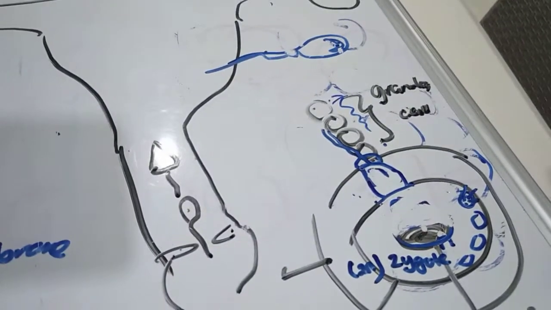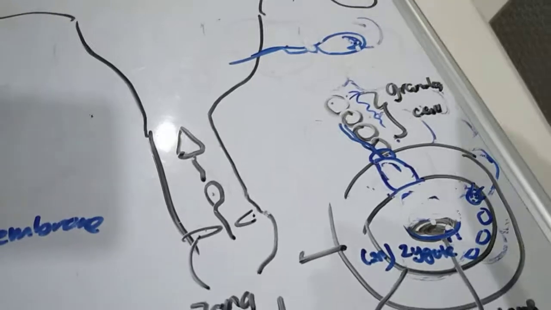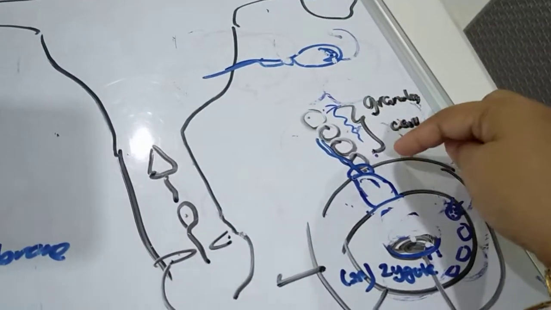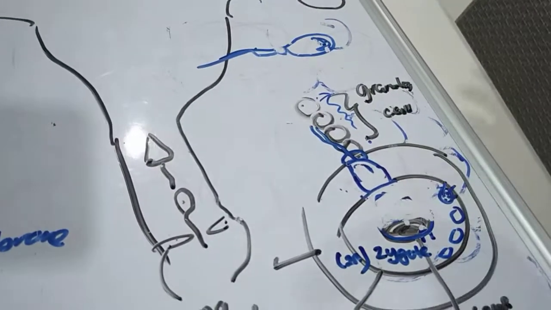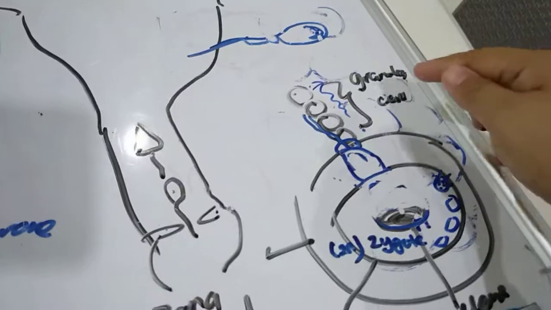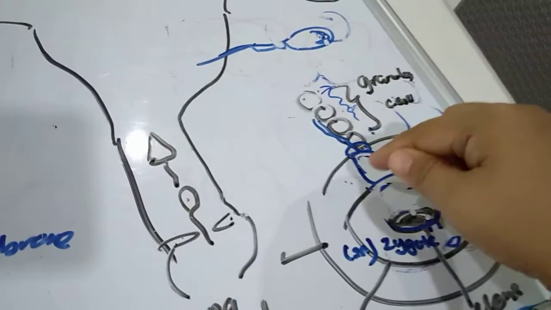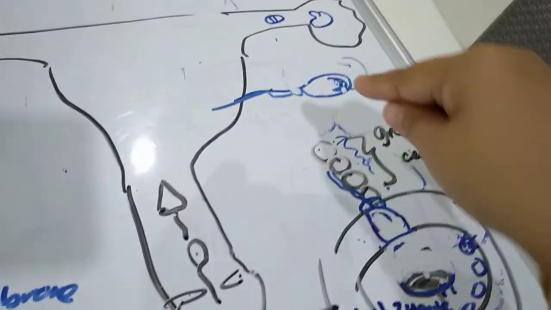So in acrosomal reaction, the sperm swims across the granulosa cell. And for the first layer of secondary oocyte there should be no problem because I have mentioned granulosa cell is a loose packed cell. But the problem is at the zona pellucida.